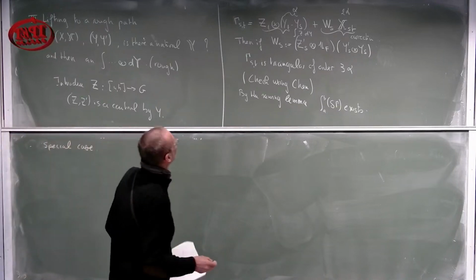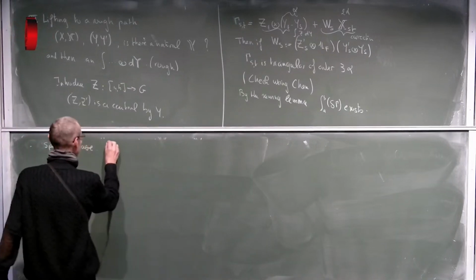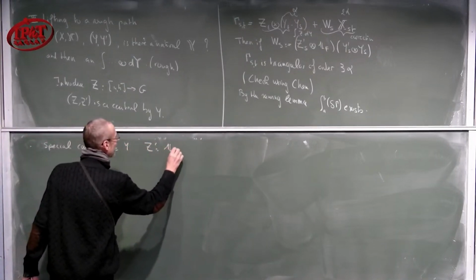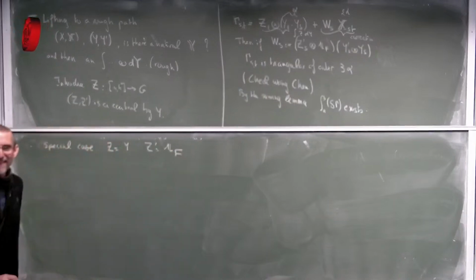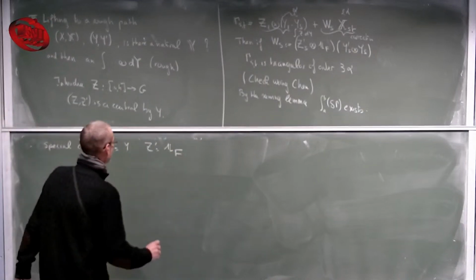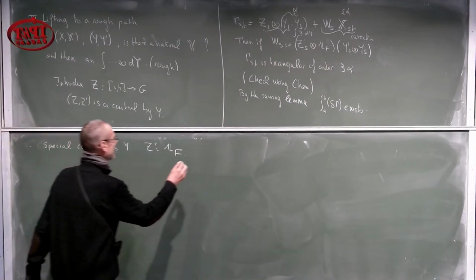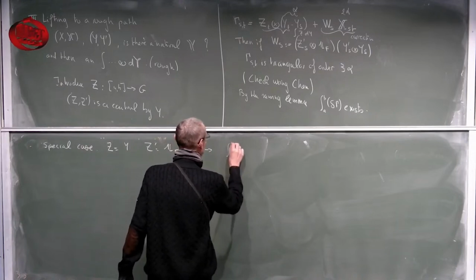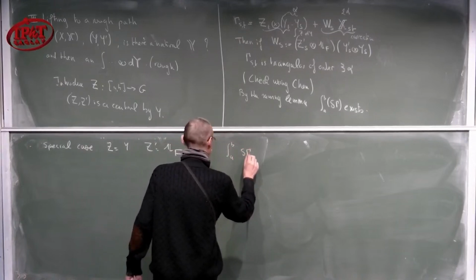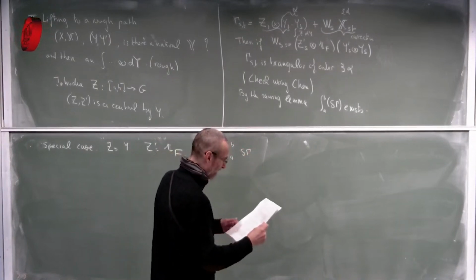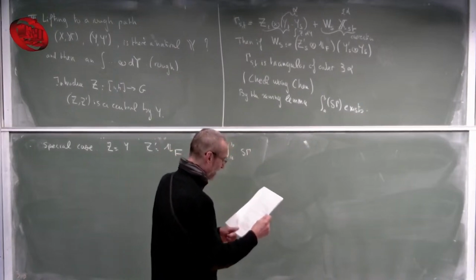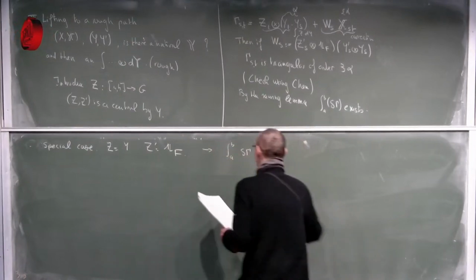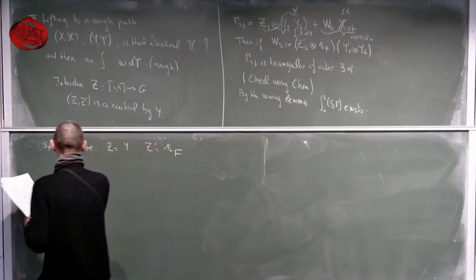Well, a stupid special case is when Z is equal to Y and Z prime is equal to 1. And then you get a certain integral from a to b of delta gamma for this special case. So maybe I should take some notation for that case. Yes, I write down gamma.